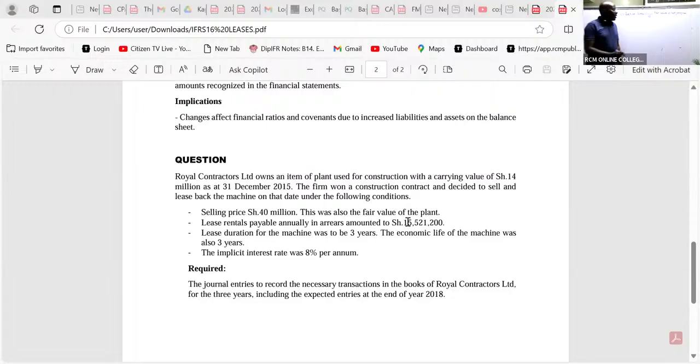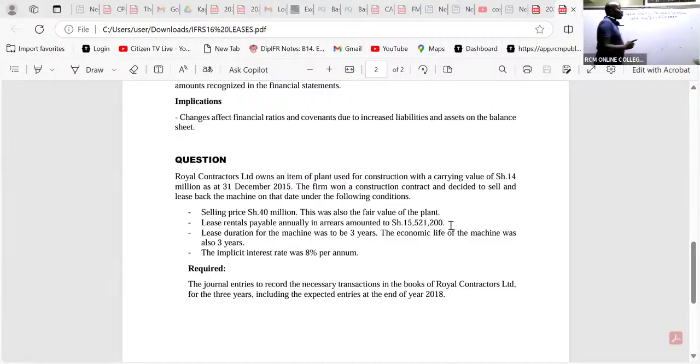In this case, we have the lease rental per annum, which is 15,521,200. And remember, this is per annum.